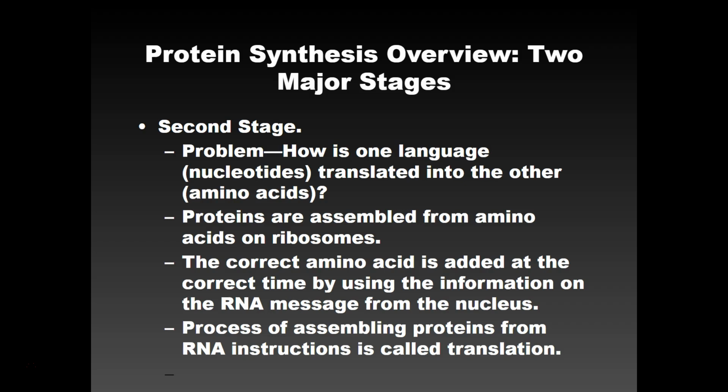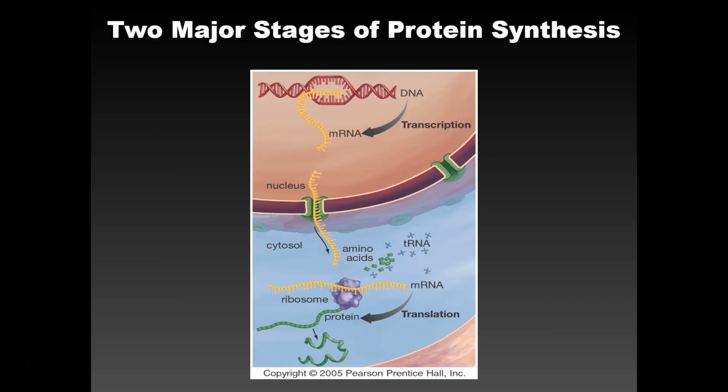But transcription is getting the instructions from the DNA into RNA, which is cheap, it's scratch paper. Basically, you can think of it like that. Getting that from the library and actually building something with it, translation is the process of that building. So here you have your DNA, and you can see it's starting to partially unwind, and you're getting your RNA copy of it.